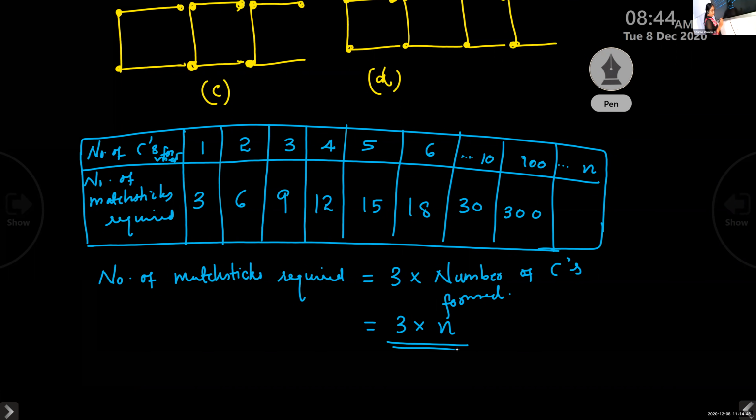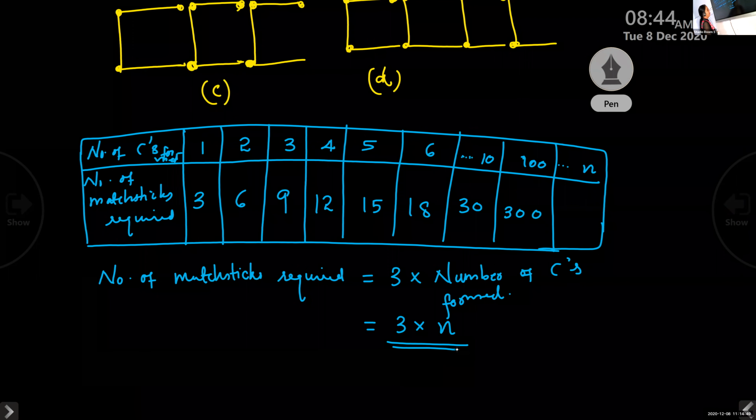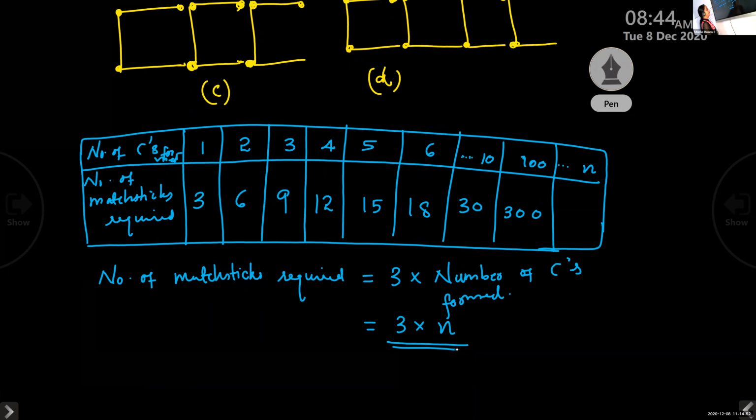This rule is very powerful because to find how many matchsticks are required to form even 400,000 C's, there is no need of drawing the table.